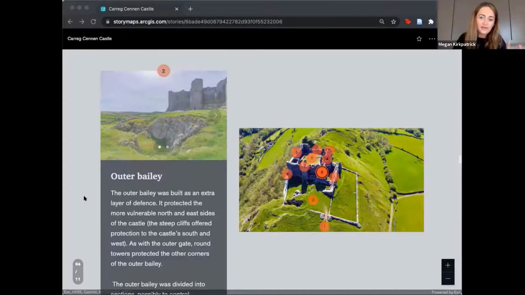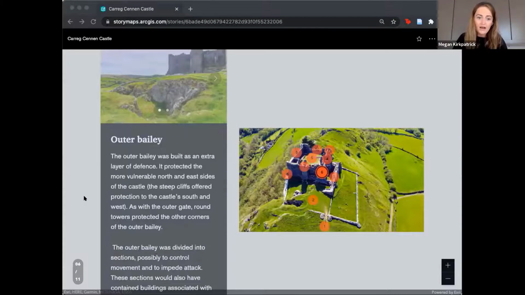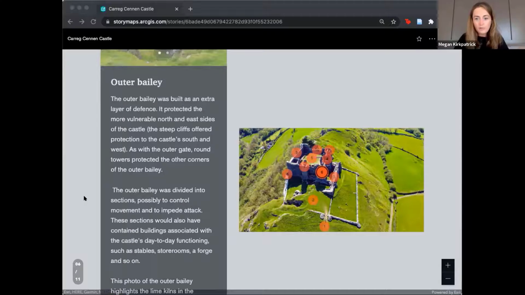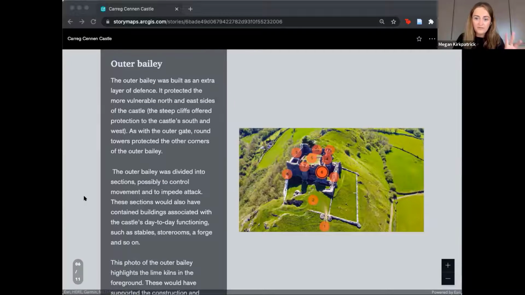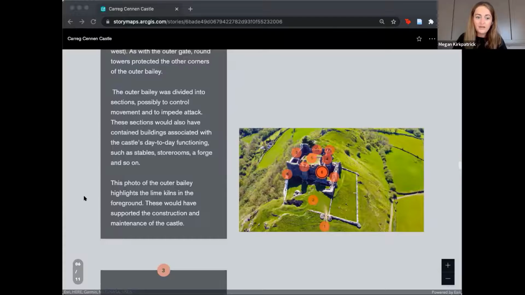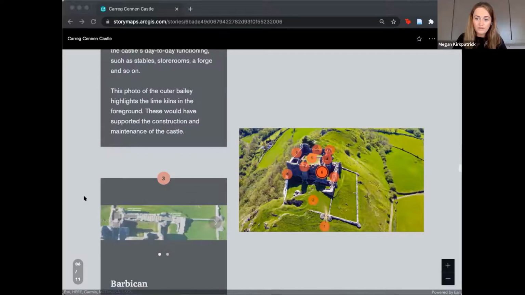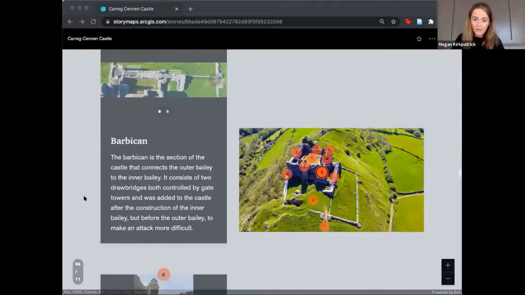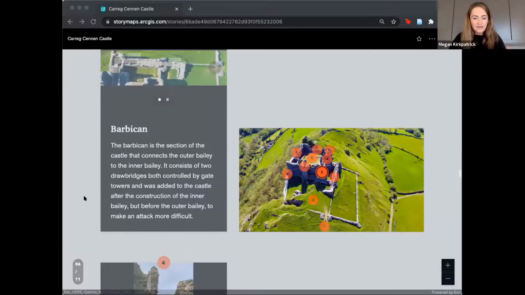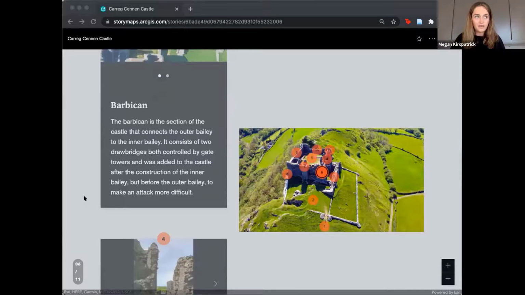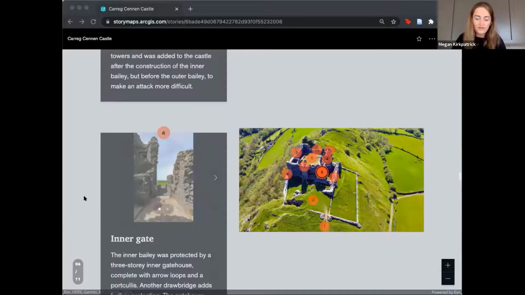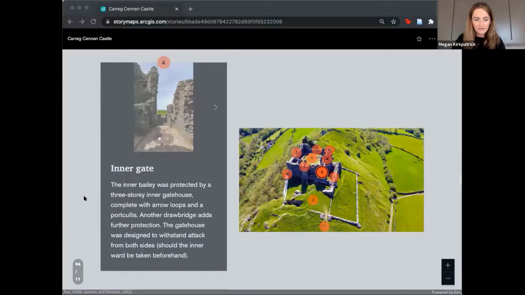So each of the 11 points I've included allows you to follow the approximate route that you might take if you were visiting the castle in person, starting obviously at point 1, which is the outer gate, and then working your way in. And it serves as a guide, sort of how you would tour the castle if you were there in person.